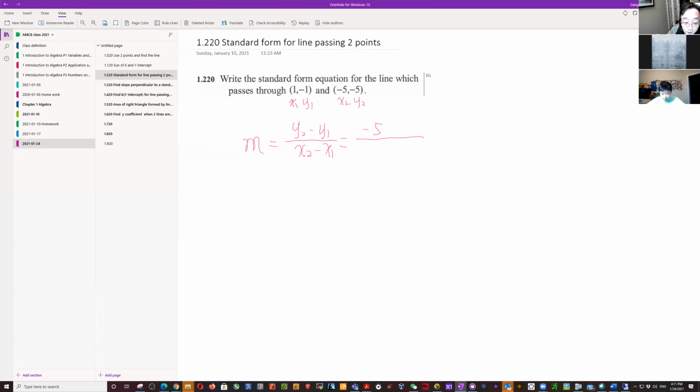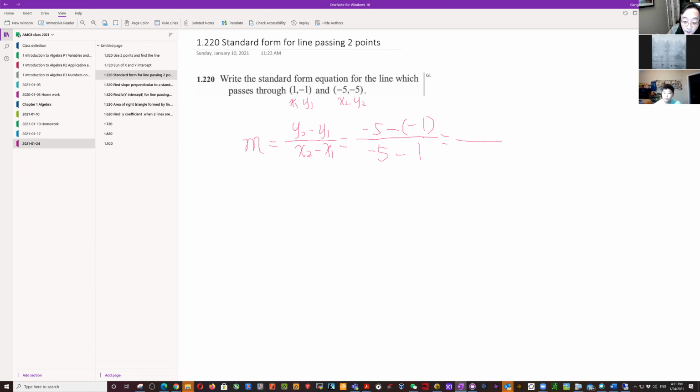The first step, you always just plug in the values, and minus y1. Because it's a negative number, you add a parenthesis to make it very clear. Then x2 is just -5, and minus x1 is just 1.